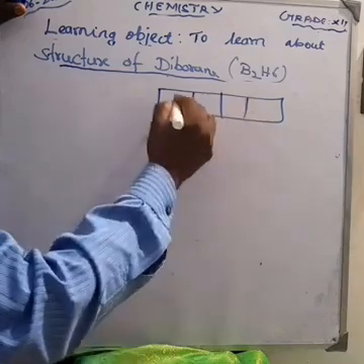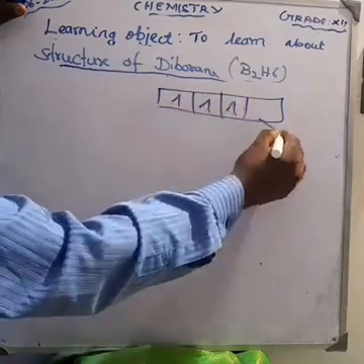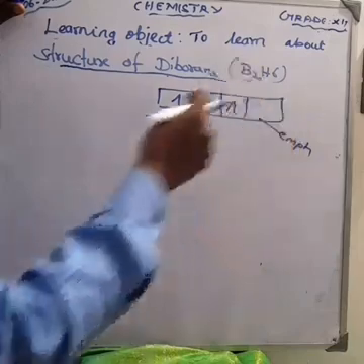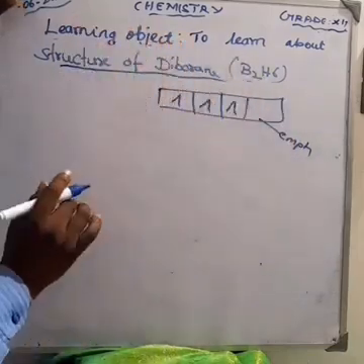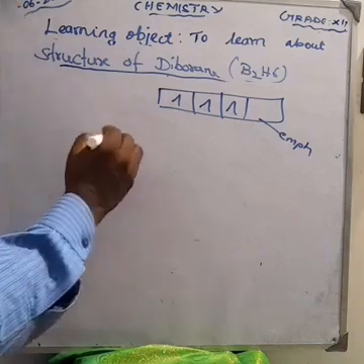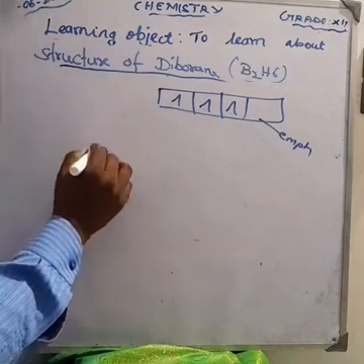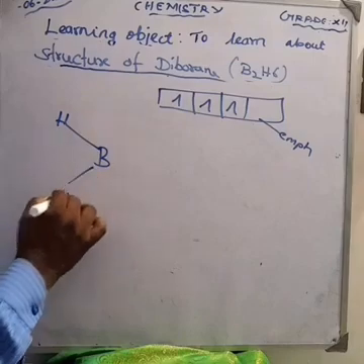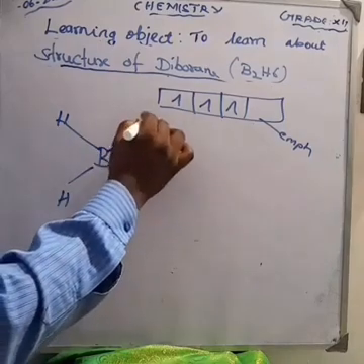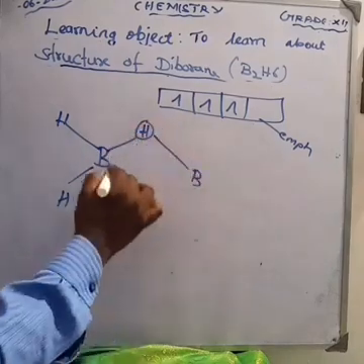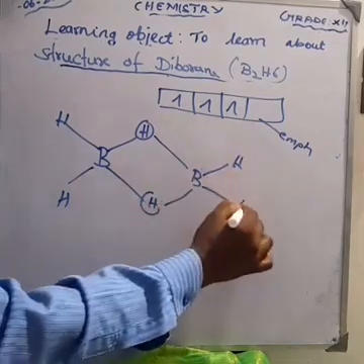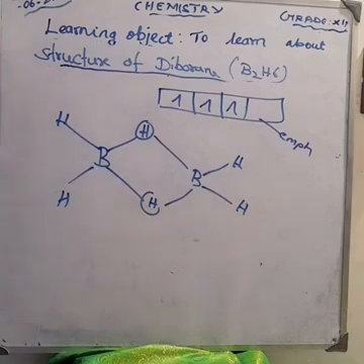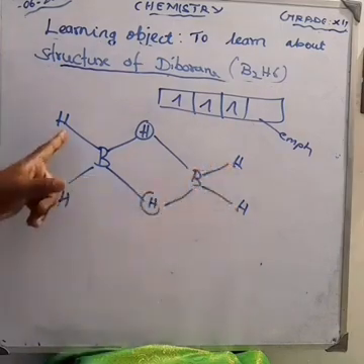Two of the half-filled hybridized orbitals of each boron overlap with the 1s orbitals of two hydrogen atoms to form four terminal bonds. Can you understand, my dear children? We get how many terminal bonds in total?